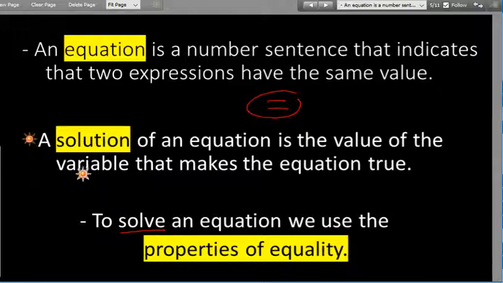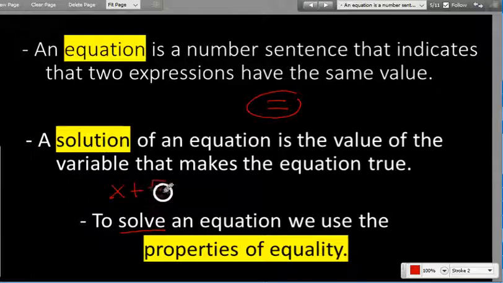The next definition is what it means to be a solution of an equation. A solution of an equation is the value of the variable that makes the equation true. So if I give you an equation, let's say x plus 5 equals 10.